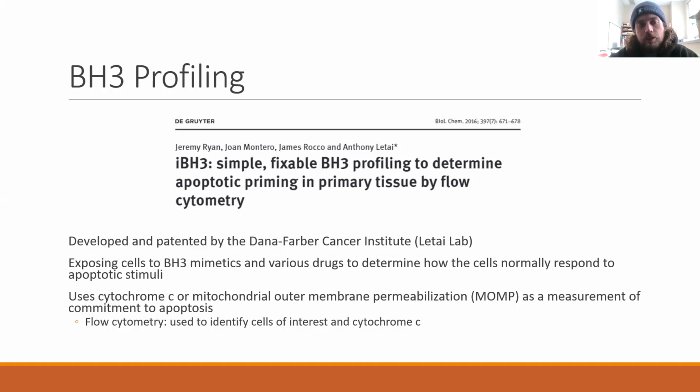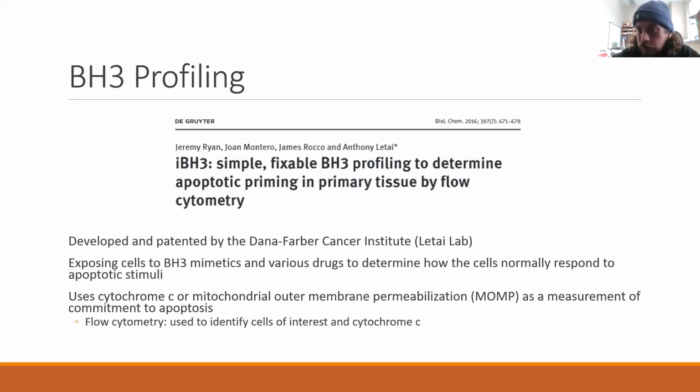This is a paper describing the current flow cytometry technique that I'm using in the lab. BH3 profiling in general as a technique started as an ELISA technique, then moved to flow cytometry, and it was developed by Jeremy Ryan and Anthony Letai in the Letai lab at Dana-Farber Cancer Institute, which is in Boston.